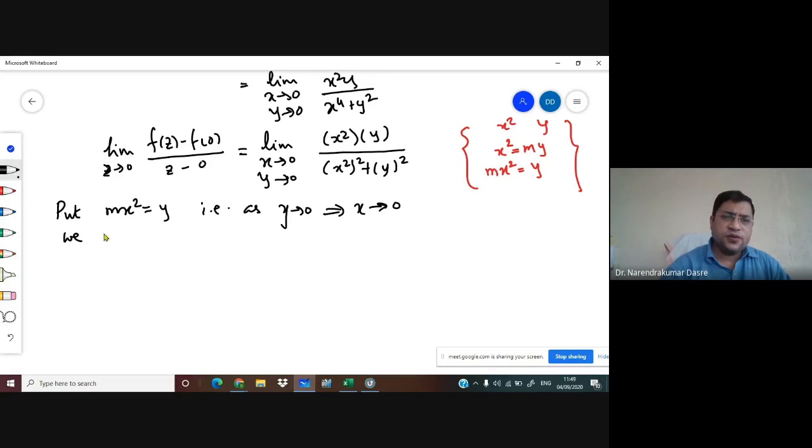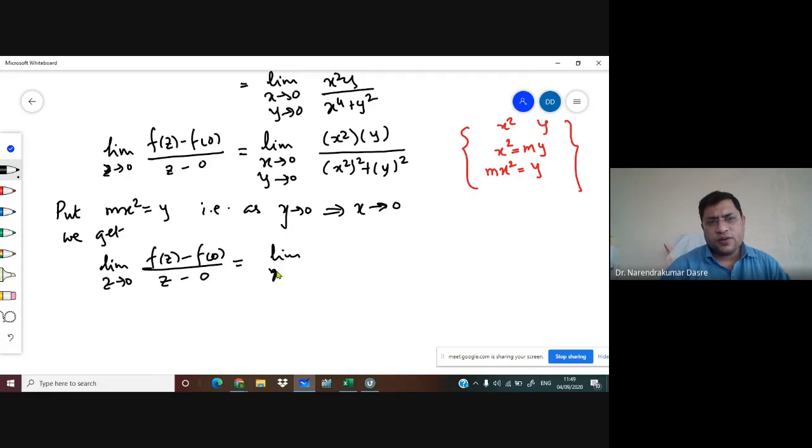Okay, and hence we get limit z tends to 0, f of z minus f of 0 upon z minus 0 is equal to limit, we are going with x now. So x tends to 0, x square times mx square, upon x raised to 4 plus (mx square) whole square.